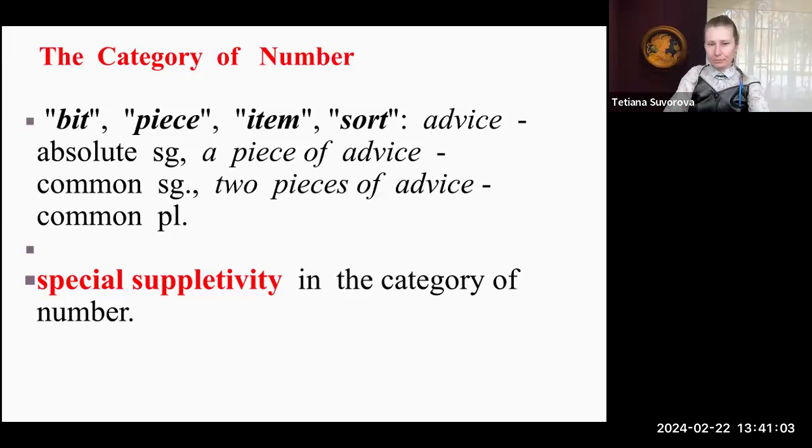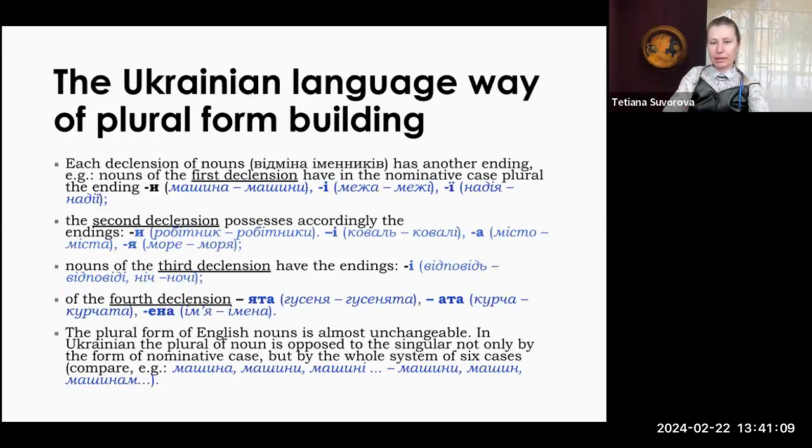Well, and superlativity, the category of number. It is used only in English, yeah? So it's about the articles, not now to speak. We'll discuss it later. So what is in the Ukrainian language that we can compare things? The same, but as I mentioned, we have a lot of endings here and a lot of exceptions.